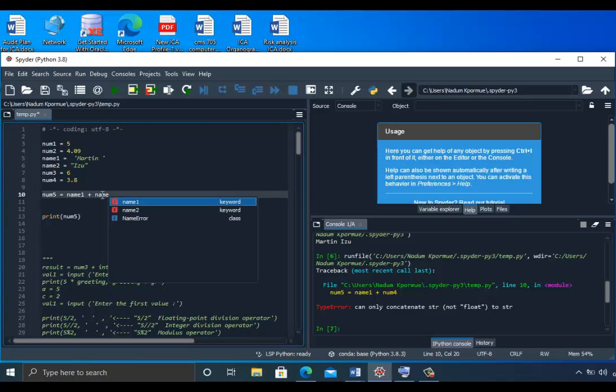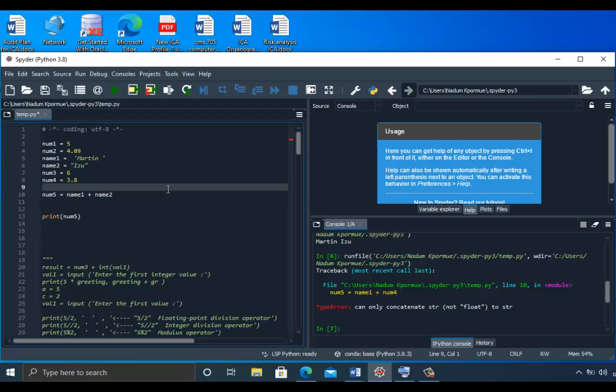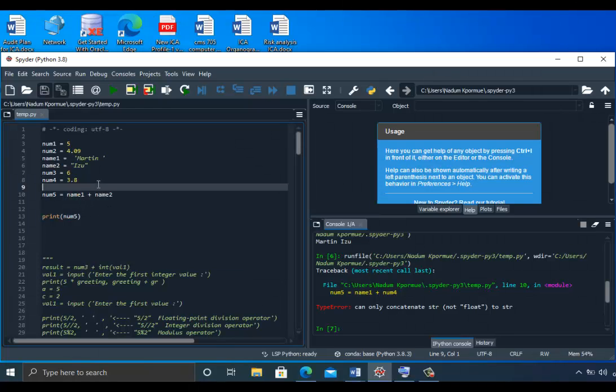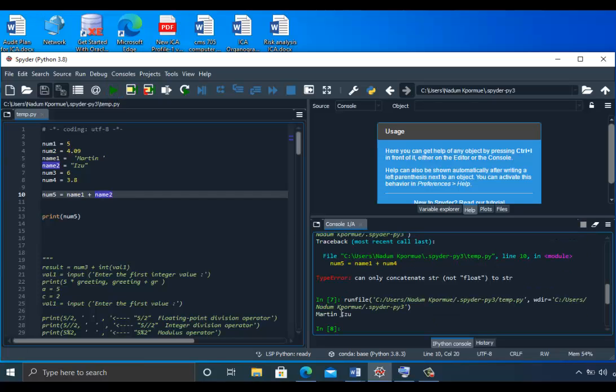There are live scenarios where you would want to do this. This name1 and name2 will be concatenated as we saw there. So Martin space izu has been concatenated together.